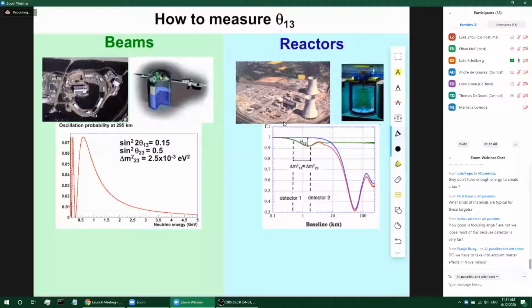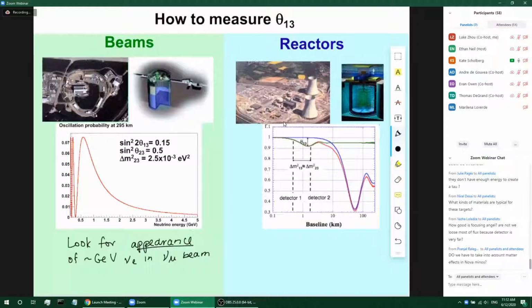So basically the strategy here is you look for an appearance. So this is an appearance strategy of GeV scale nu e in a nu mu beam. Okay, so a non-zero theta 1,3 will give you a little bit of appearance.